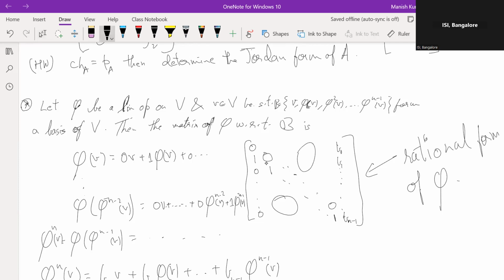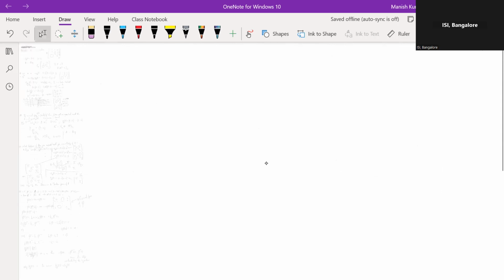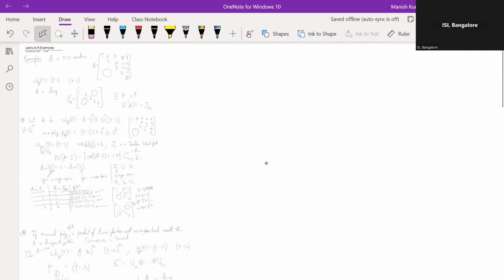Yeah. So it goes both ways. If you understand the linear operator better, then it results in a simpler matrix. If the matrix is simpler, then you can do a lot of analysis much more easily. Okay. Any questions or comments? So this time our page became too big, but it's okay. We were only dealing with examples.